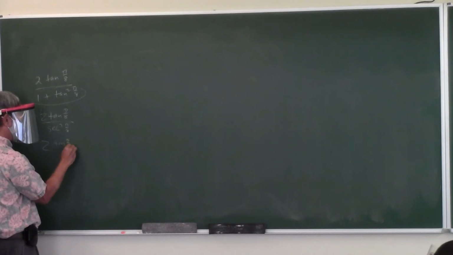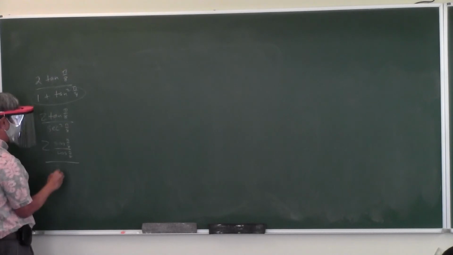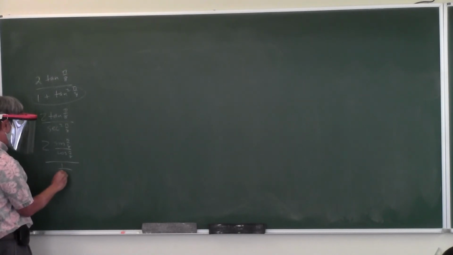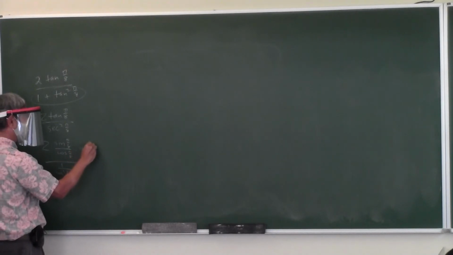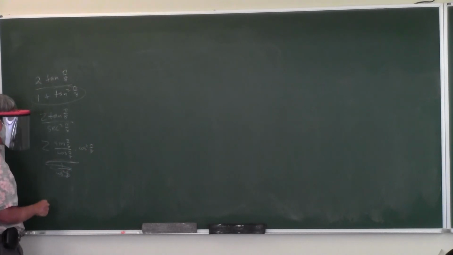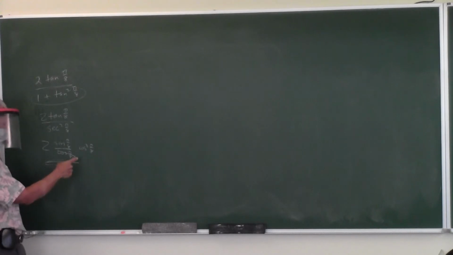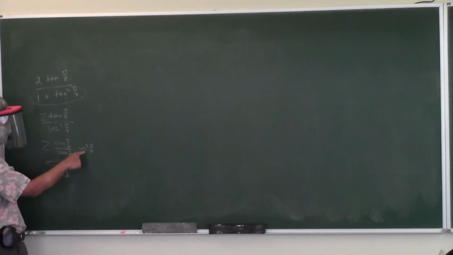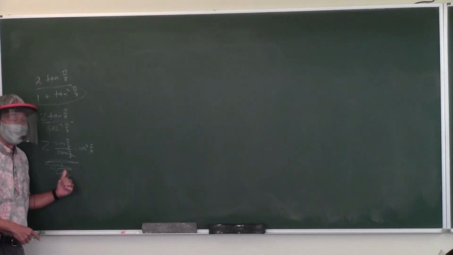Sine over cosine. And then what is secant squared? 1 over cosine squared. And then, of course, when you divide by a fraction, that's like multiplying by the reciprocal, right? Correct? Yes. Okay, let's get rid of this. Hey, I can cancel this with one of those, and then look what's left. Oh. 2 sine cosine. Hey, it's an identity.